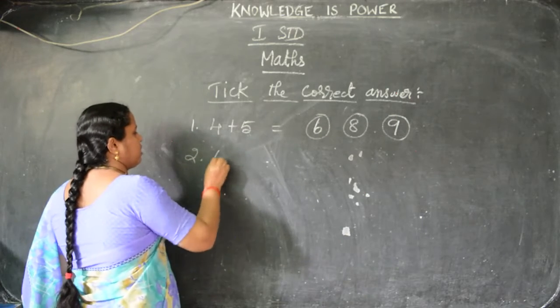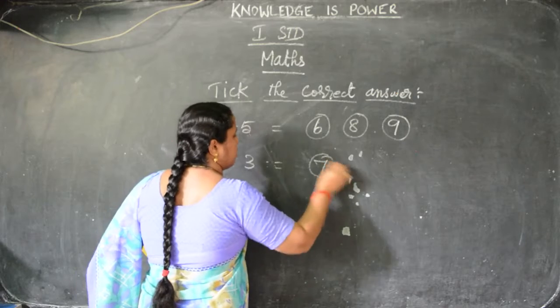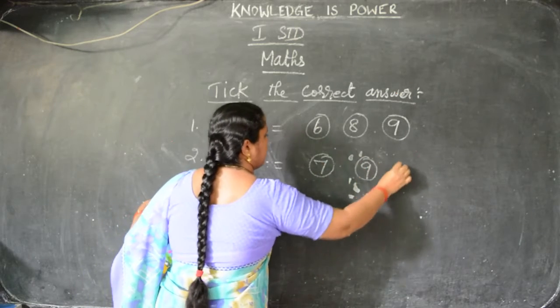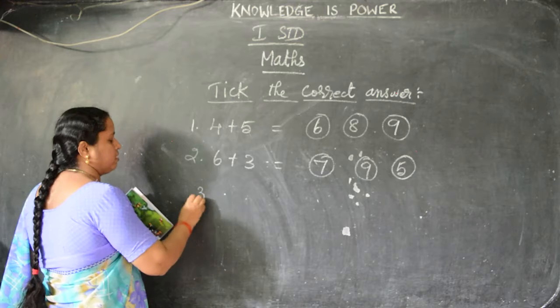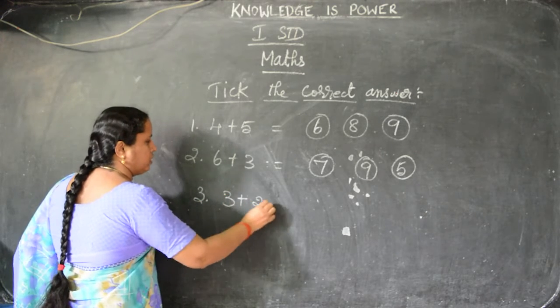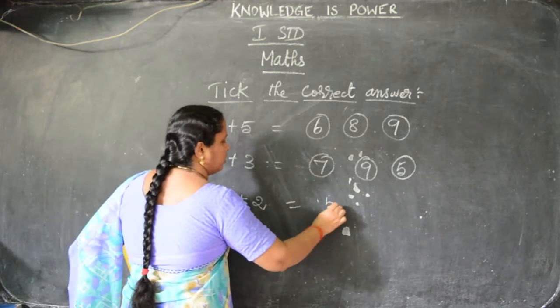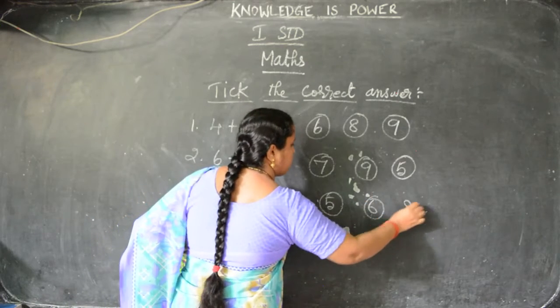Next one, 6 plus 3. Here you should tick the correct answer. 5, 6, 8.